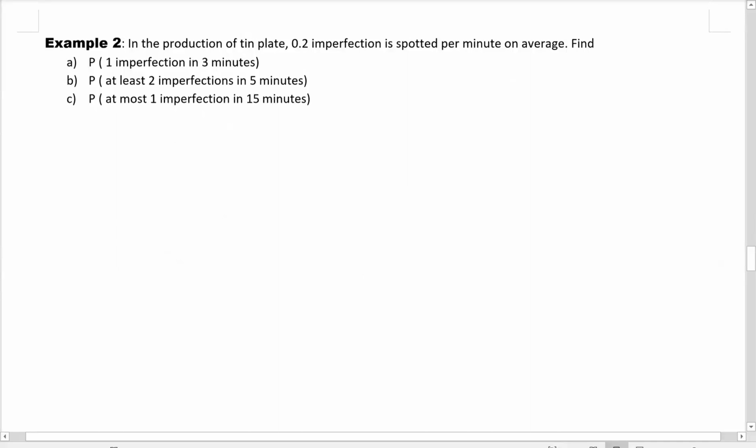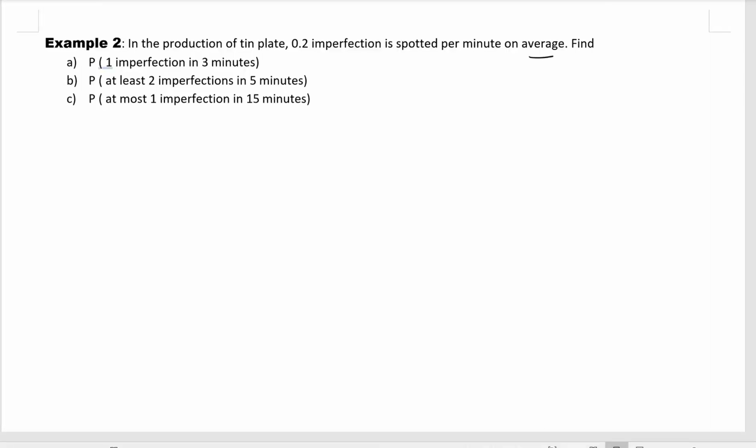Okay, so let's look at example 2. So could you please pause here and try to work on this problem, and then we continue and check our work together. Okay, all right, are you ready? Let's go. So in the production of tin plates, 0.2 imperfection is spotted per minute on average.